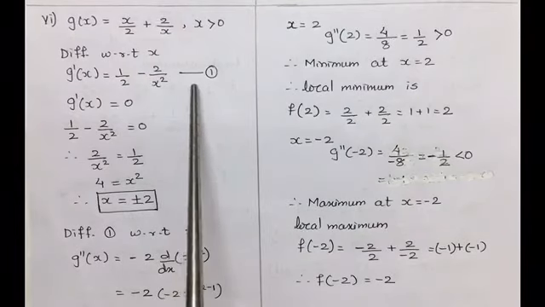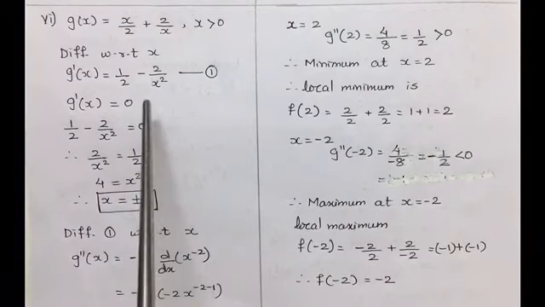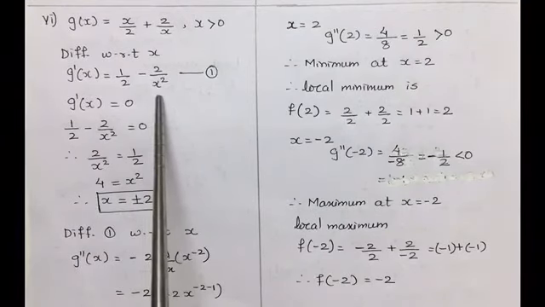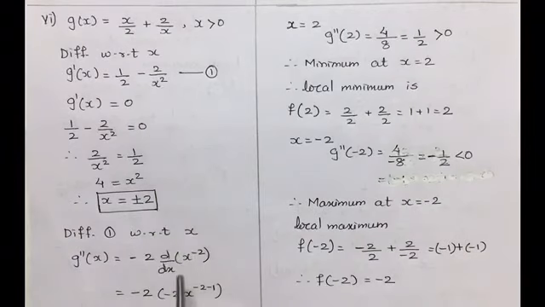Differentiating 1 with respect to x, we get g double dash x is equal to, the derivative of half is 0, so minus 2 as it is, d by dx of x raised to minus 2, because x square is in reciprocal form, so it becomes x raised to minus 2. The derivative of x raised to minus 2 is minus 2 x raised to minus 2 minus 1.